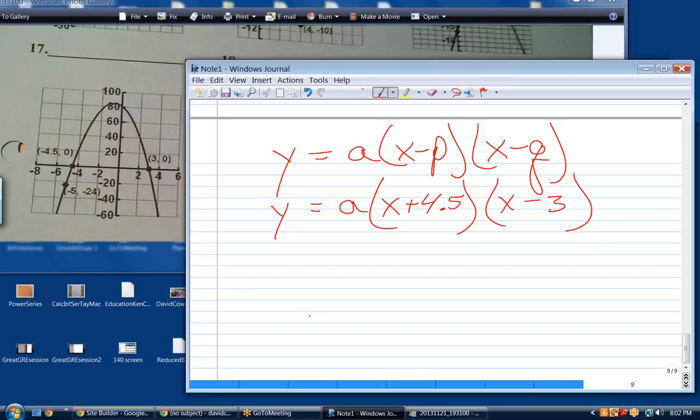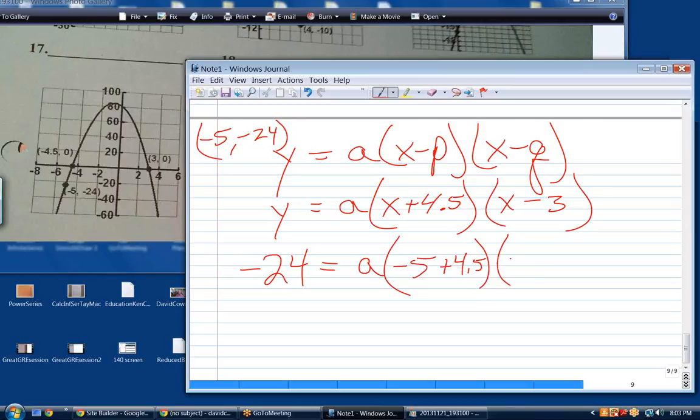Okay. And the point they give us is negative 5, negative 24. So negative 24 equals A, in parentheses, negative 5 plus 4.5, and then negative 5 minus 3.